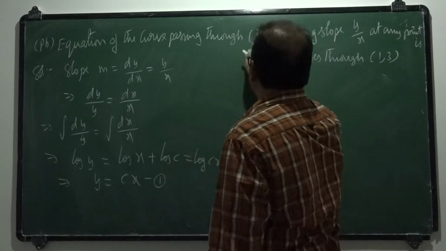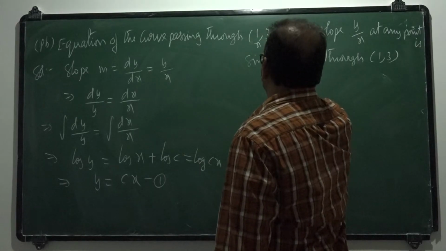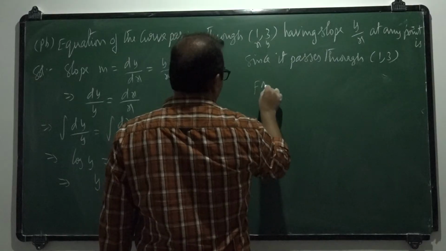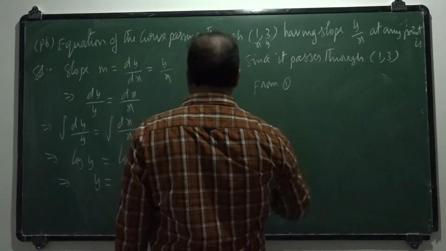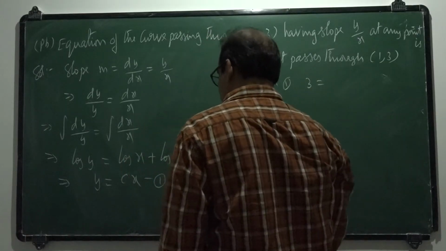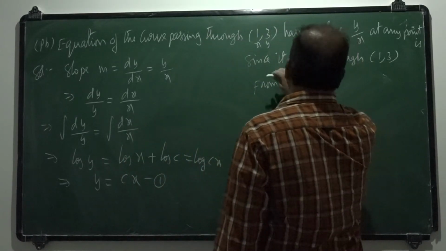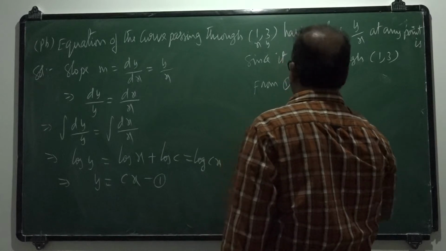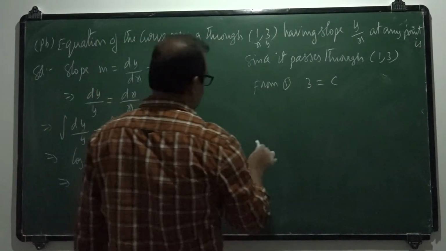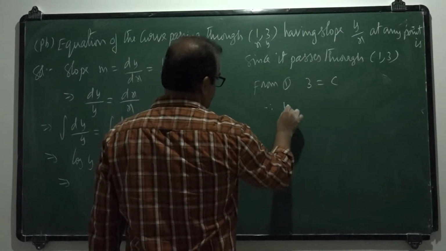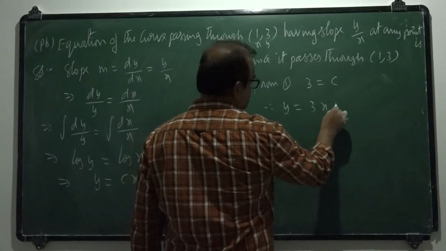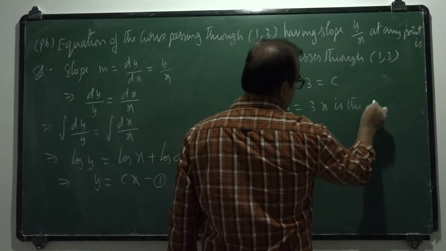That means you put x is equal to 1 and y is equal to 3 in equation 1. From equation 1, y is 3, equal to c into x, x is 1. So c is equal to 3. Now again substitute the c value in equation 1. Therefore y is equal to, c is 3, 3 into x is the curve.